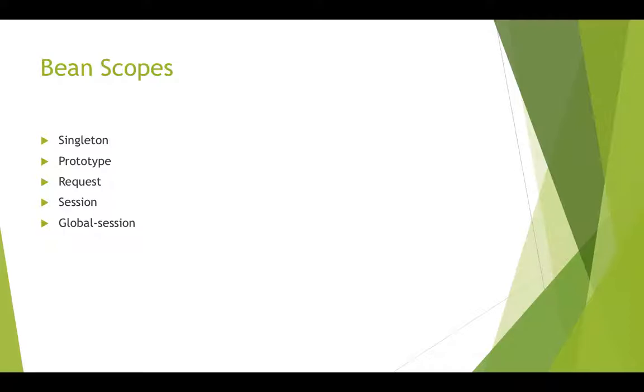From the name itself, you can understand that a request scope bean will have the scope of one particular user request. A session scope bean will have the scope of one particular session, and global session would be applicable for the global application session.